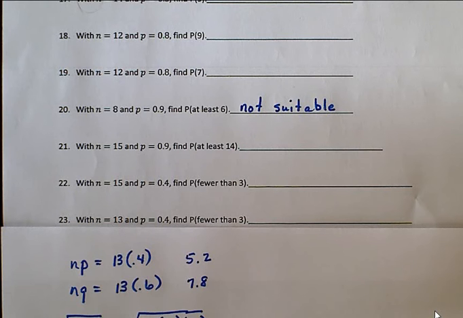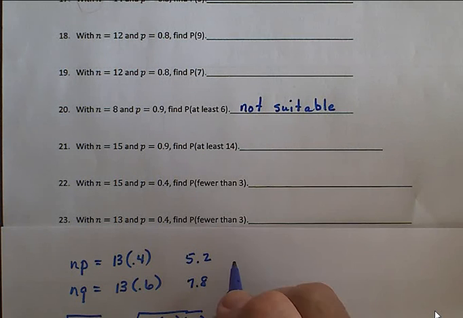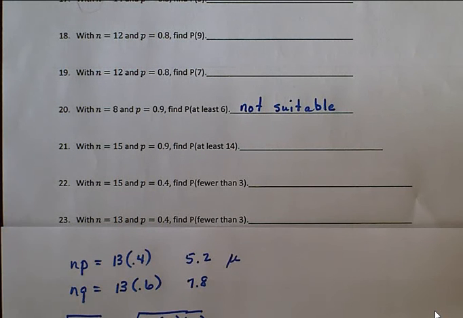So I'm going to finish this standard deviation here. I already know what my mean is. It's 5.2. So when I take the square root of 13 times 0.4 times 0.6, I get 1.76.